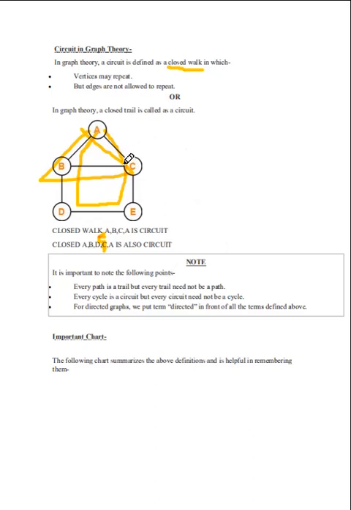If I have a directed graph, where some directions are given, then we just write the term directed in front of all the above terms, like walk, path, trail, circuit, whatever.